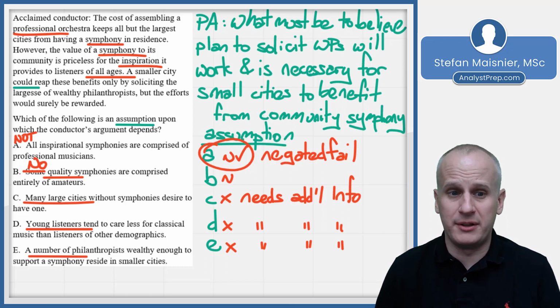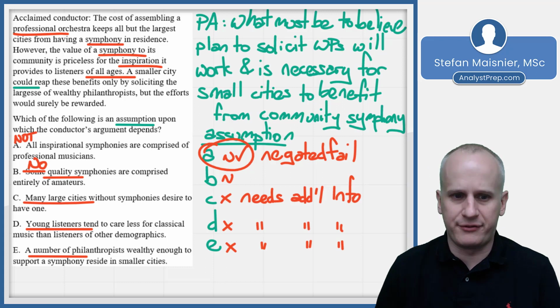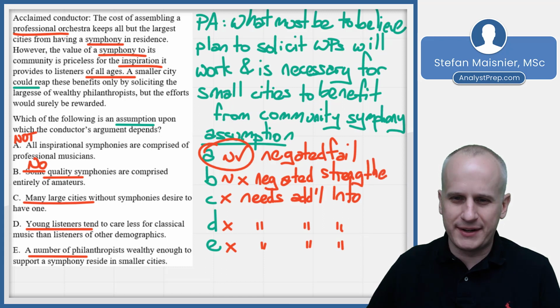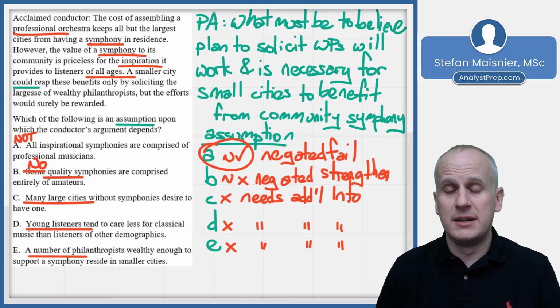We need professional people, and it's professional people that need to be paid by the wealthy philanthropists in this conductor's argument. So this is going to be a negated strength, which is, again, the opposite of what the correct answer should do upon negation, because we don't want the removal of the assumption to make the argument stronger. We want the removal of the assumption to make the argument fail.